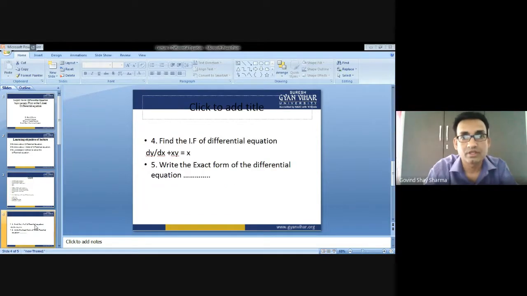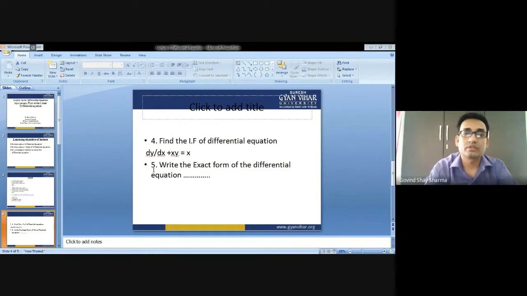Here, find the IF of the differential equation. If we compare this equation with the linear form of differential equation, dy upon dx plus Py is equal to Q(x), then P is equal to x.